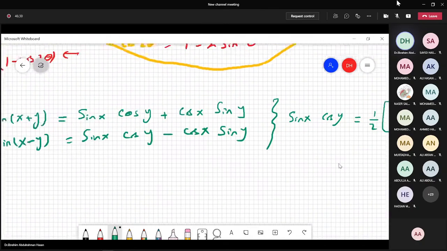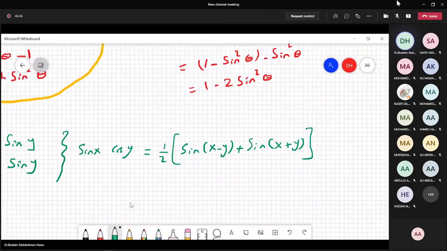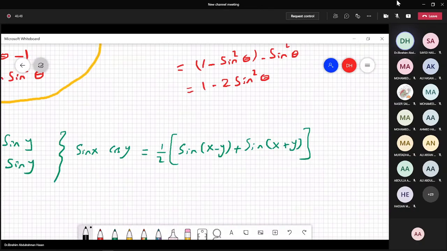What I did is I added the two together. So from here we have 2 sine x cosine y, and from here we have the addition of these 2. So sine x cosine y is equal to half multiplied by the addition. And this solves another problem for me.